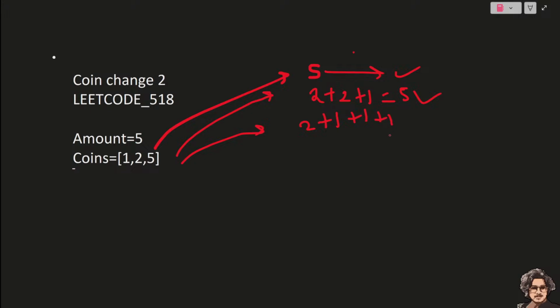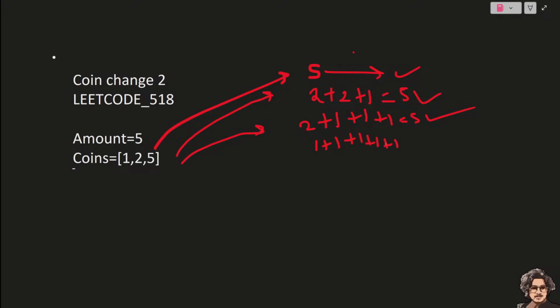This is equal to 5. One more will also become 5, the third way: 1 plus 1 plus 1 plus 1 plus 1.